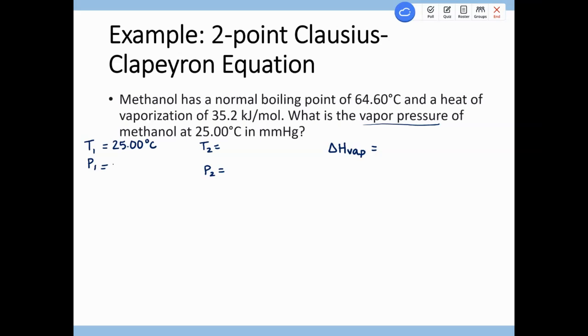So P1, the pressure that we're looking for, we don't know. We'll leave that as X, and that will be in millimeters of mercury. T2 is the boiling point, 64.6 degrees Celsius. And P2, since this is the boiling point, the vapor pressure at that temperature is atmospheric pressure, or 760 millimeters of mercury.